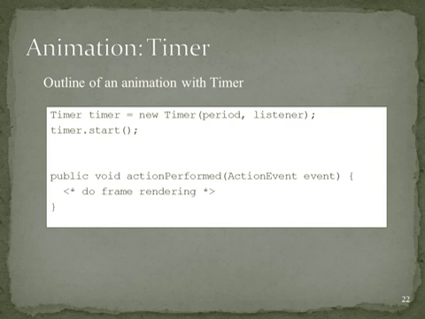To set up a timer object, we specify its period and listeners in its constructor and call its start method. As we can see here, timer equals new Timer with the period and the listener, and then timer.start. The action listener object should implement the rendering in its actionPerformed method, as we can see here.